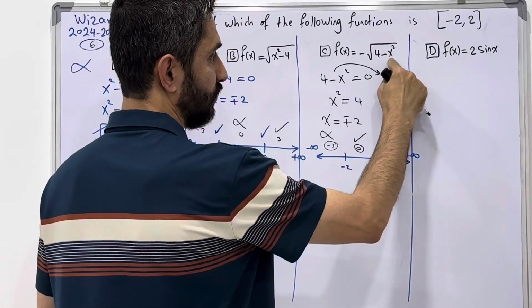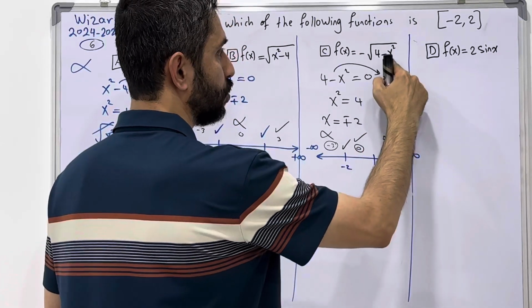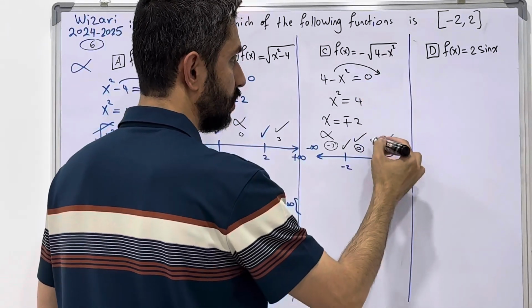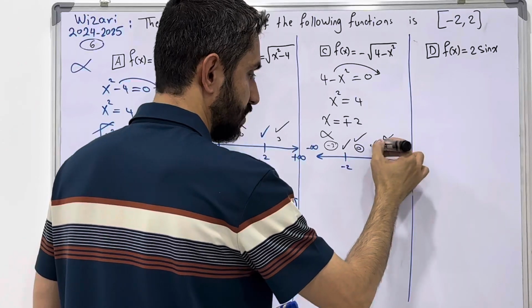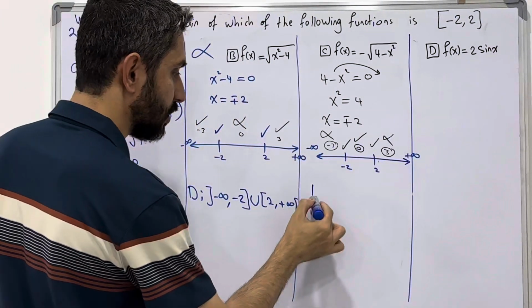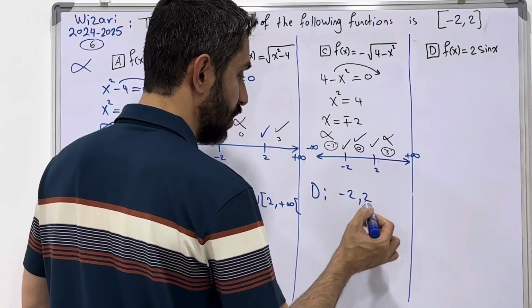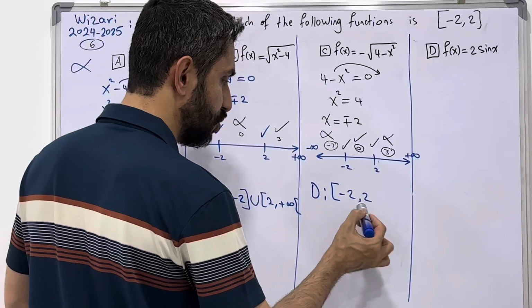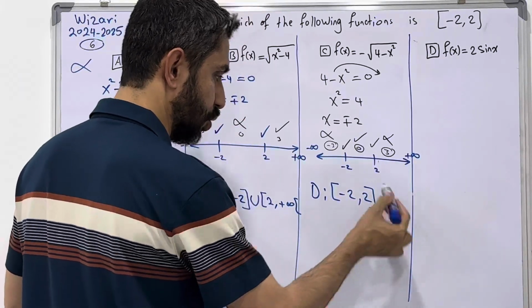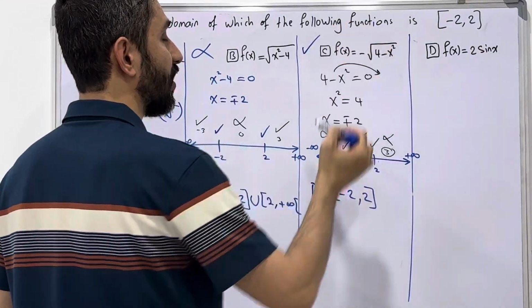Negative 2 squared is 4, 4 minus 4 is 0, so this is domain. 2 squared is 4, 4 minus 4 is 0, so square root of 0 is defined, so this is also domain. So the domain of this function is from negative 2 to 2, including negative 2 and 2. So close brackets for both. It means this option is the right answer.